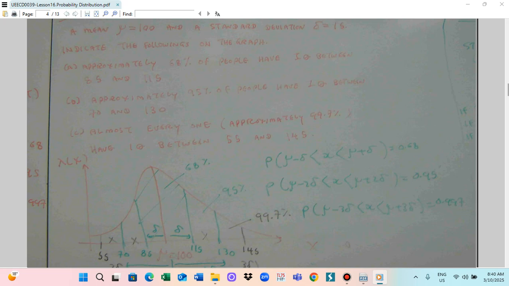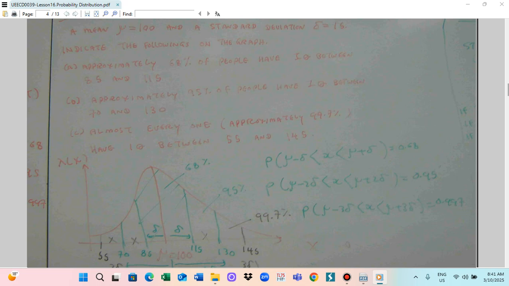The next one will be 55 to 145. This is 55 here, and this is 145. How much difference is there between 100 and 55? It is 45. 45 means 3 delta. Also, 145 minus 100 is 45, and 45 is represented by 3 delta.